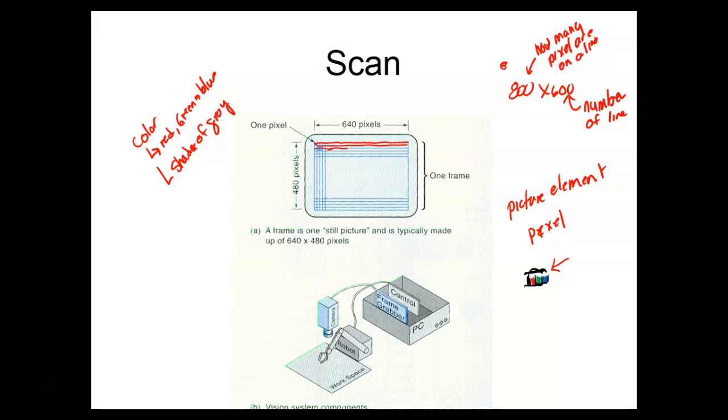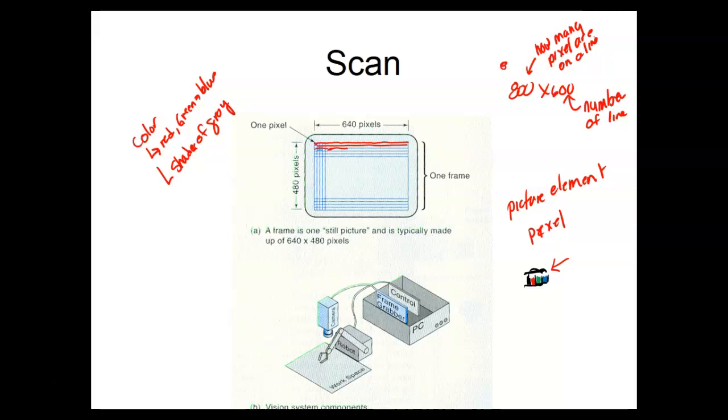If it's in color, or if it's shades of gray, it depends on what type of camera you run into. The cameras that we have on our robots over there are colored cameras. So not only can we make the camera respond to color, but we can also make it respond to shape and orientation.